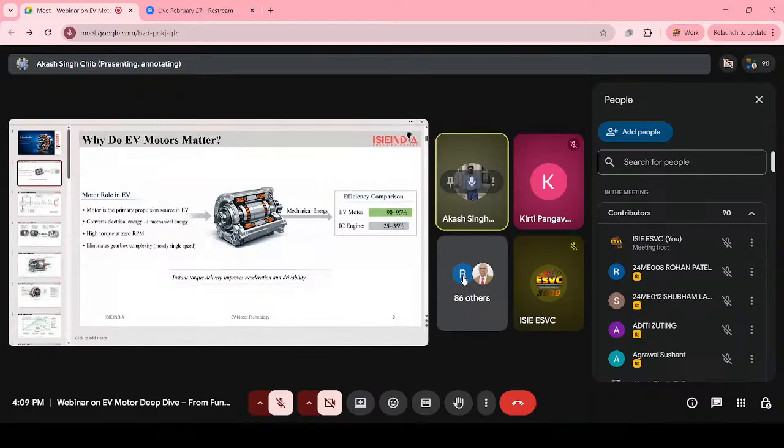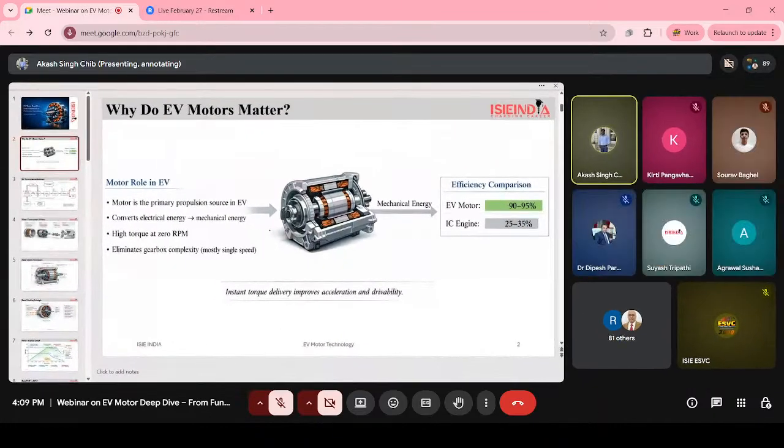So, as you have seen, whenever you sit on an EV, it gives a jerk, like an instant torque. That jerk is the instant torque. It also eliminates gearbox complexity. Like you have seen, engines have a more complex design, but the motor is very simple.